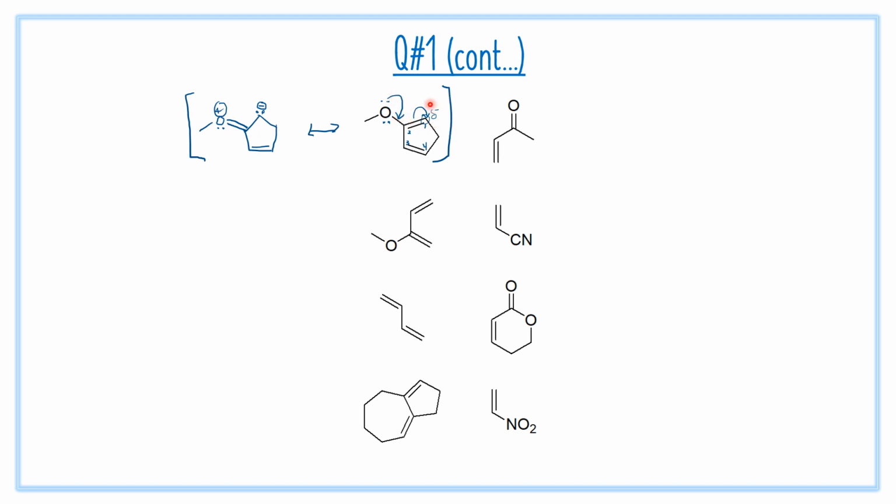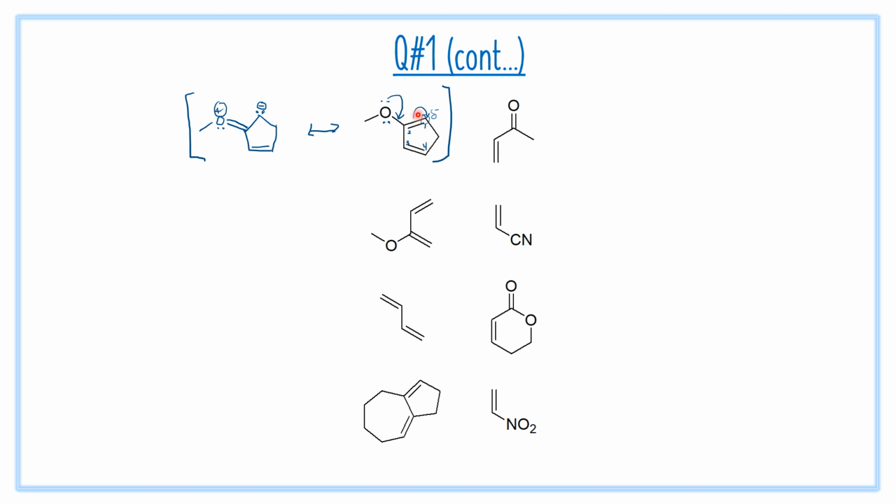Then the double bond here breaks to create a lone pair on the first carbon. Hence, the first carbon here is going to be your carbon with the most electron density because it's the one that's bearing a negative charge.